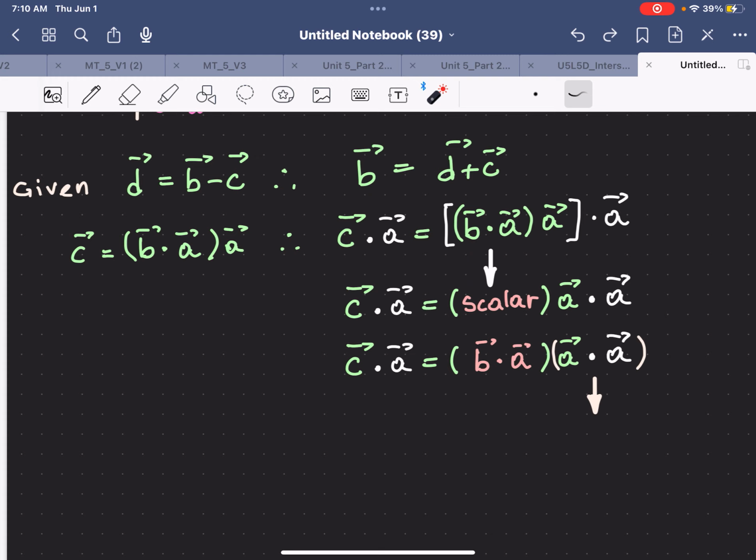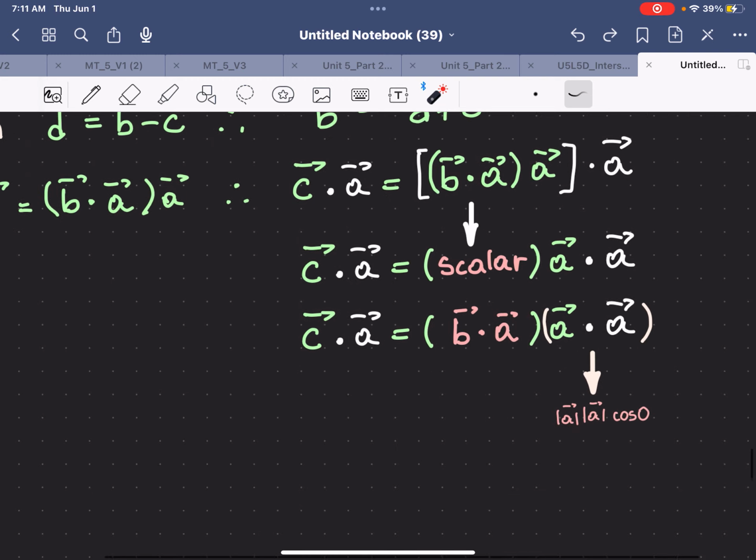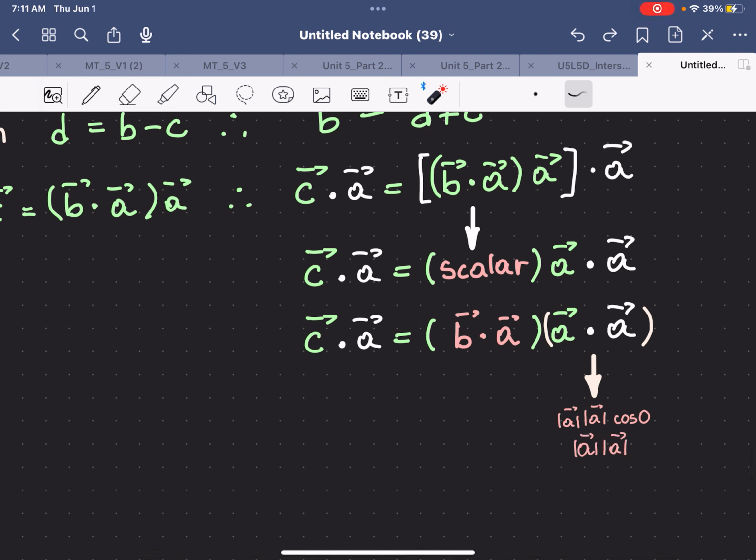So a dot a, according to the dot product formula, would be the magnitude of a times the magnitude of a times cosine of 0, because the angle made between a vector and itself equals 0. So cosine of 0 is equal to 1. So that's a unit vector, obviously.